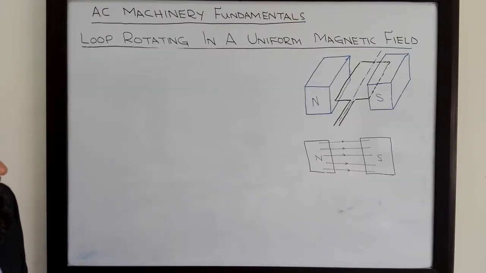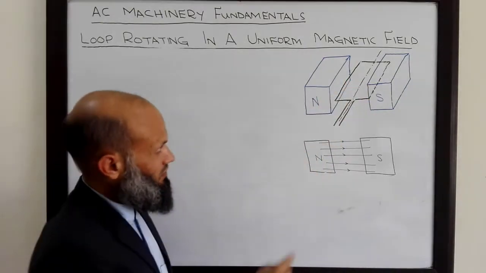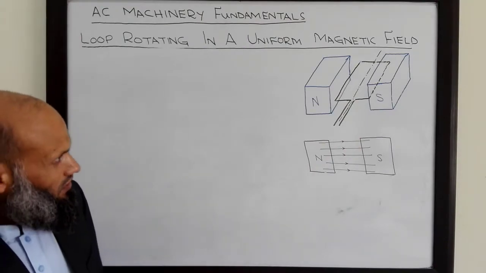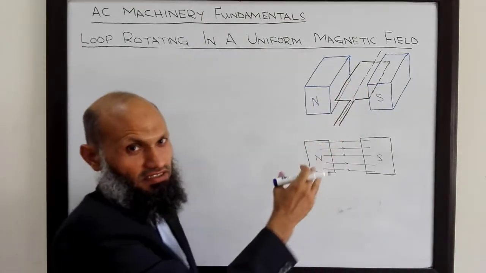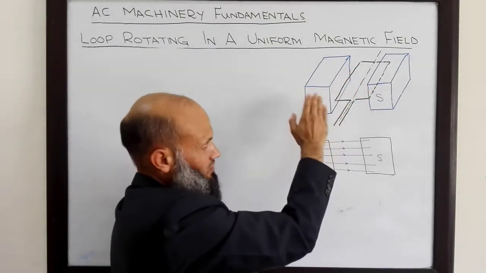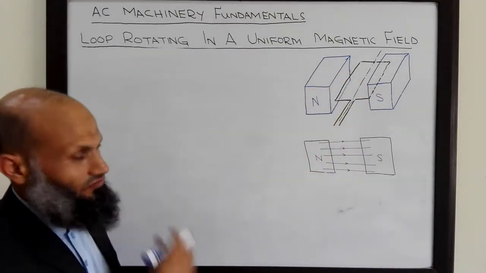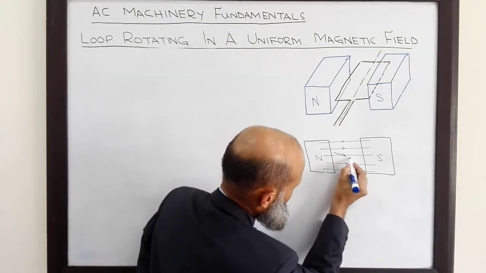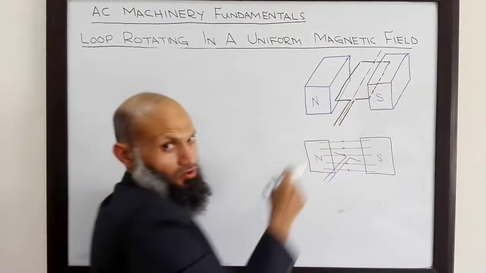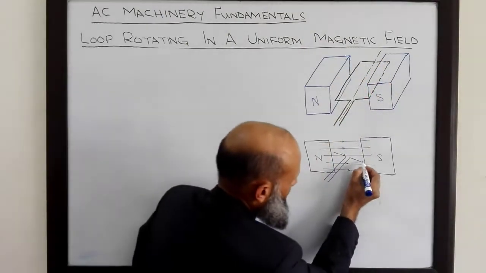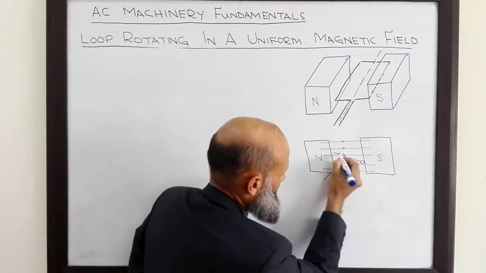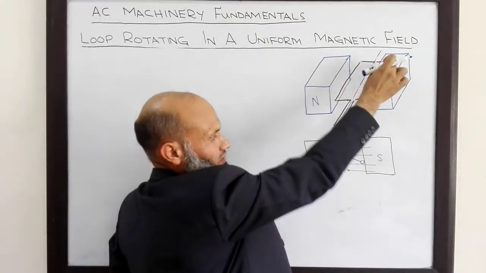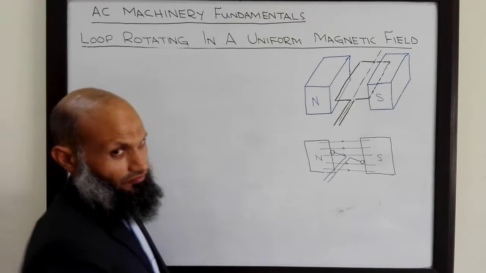If we look at this arrangement from the front, only this side of the coil will be visible. The orientation of the coil depends upon time, since it is rotating, so at different time instants it can have different angular positions. So this is a general position, and these sides of the coil can be represented by these small circles. The back side of this coil is not visible in the front view.